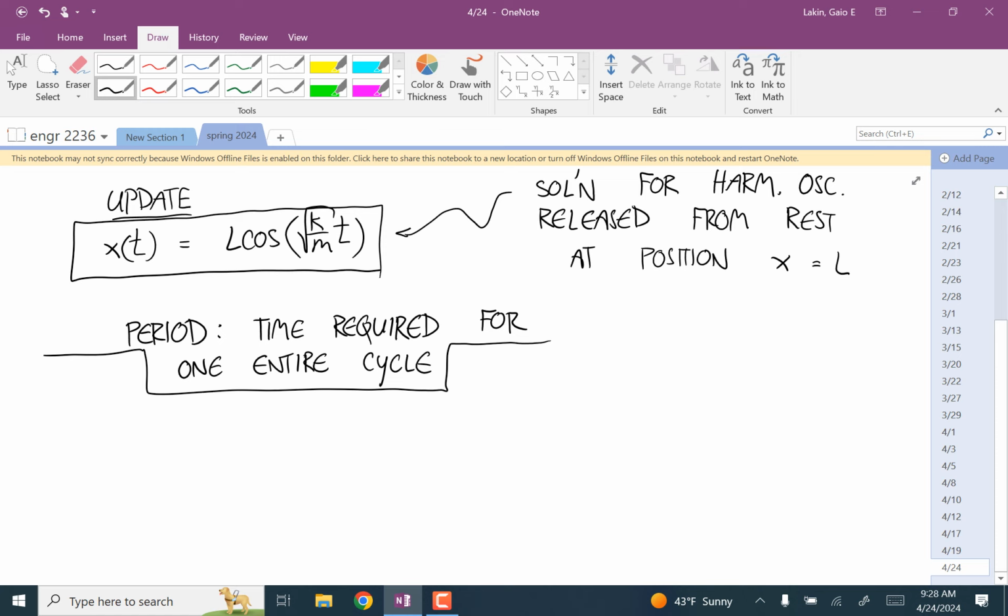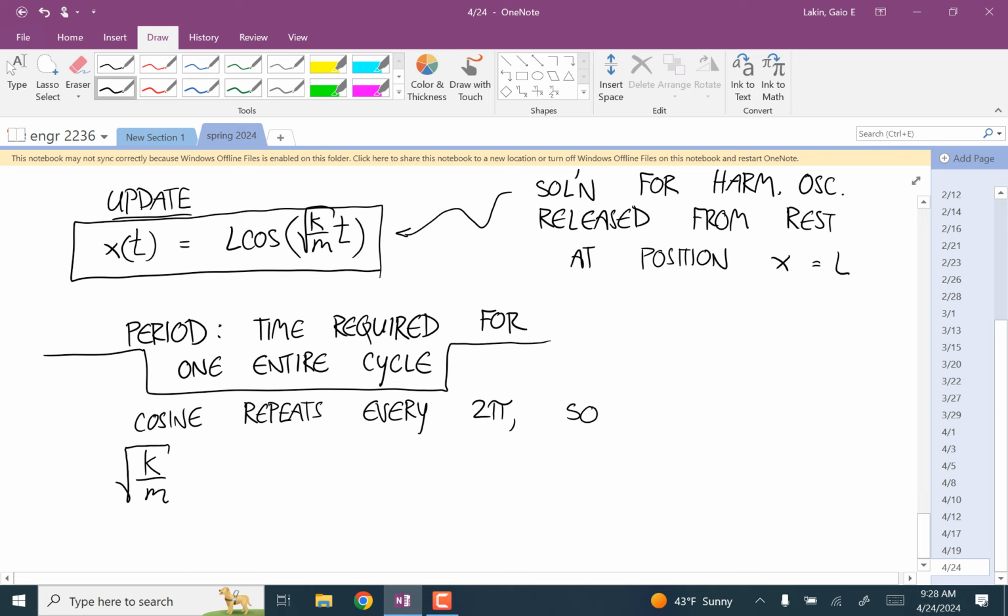They repeat every 2 pi, right? So the argument for this cosine needs to be equal to 2 pi for one period. So we say that the argument of the cosine function times some value t is equal to 2 pi. And then we just have to solve for that t.